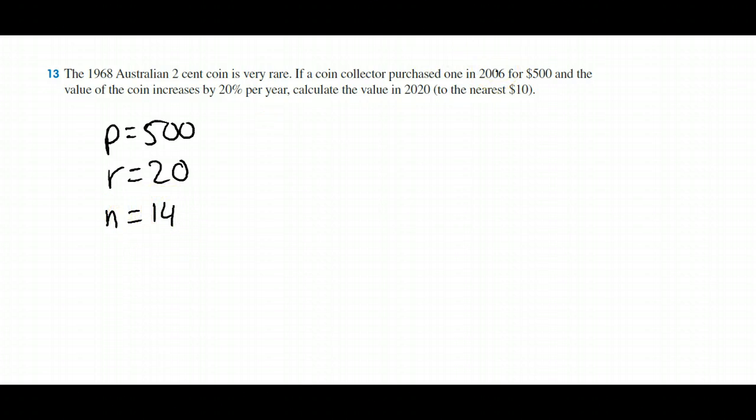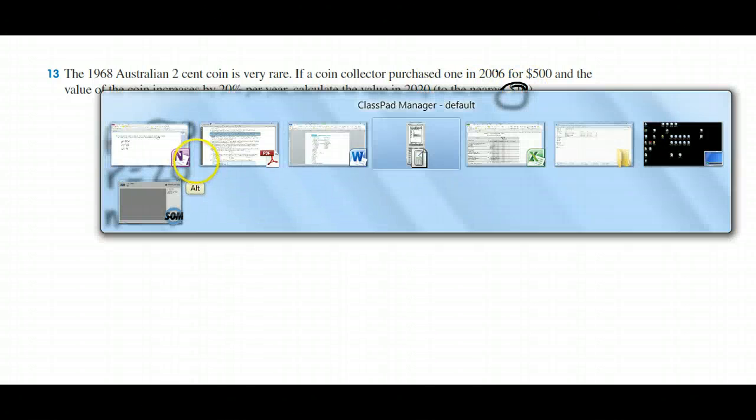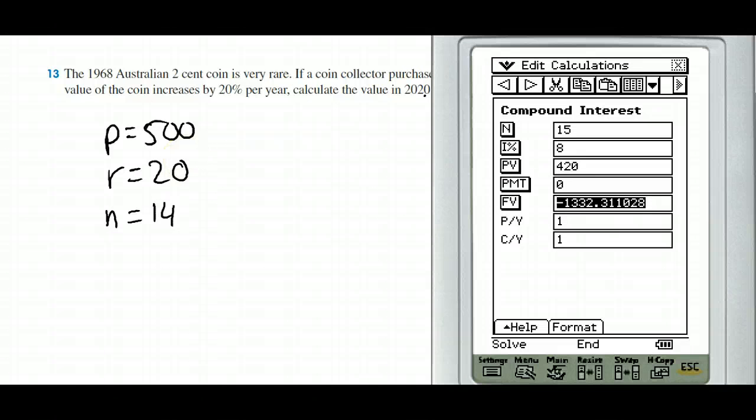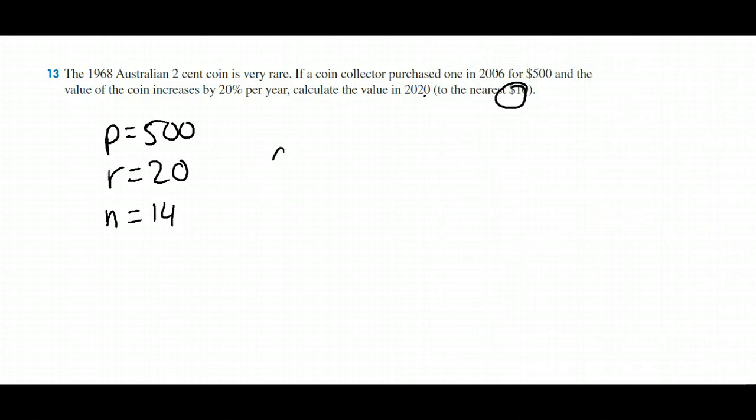Got to make sure our answers to the nearest $10. So N equals 14, I equals 20, PV equals 500, and let's calculate it. 6,419 to the nearest $10, 6,420.